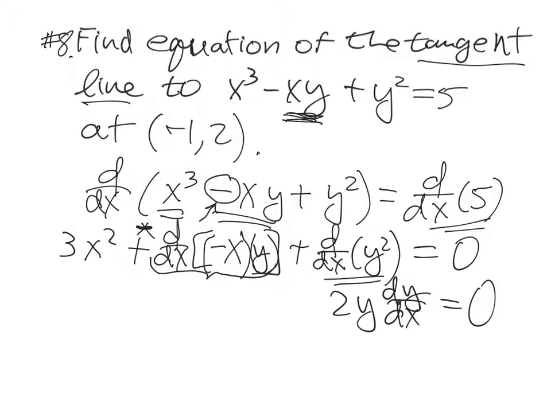Oh, I didn't want to do that. My eraser's a little big. There we go. Okay, so product rule. We will have the first times the derivative of the second, which would be what?